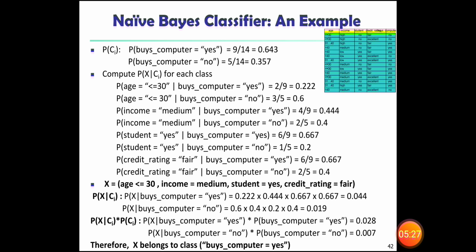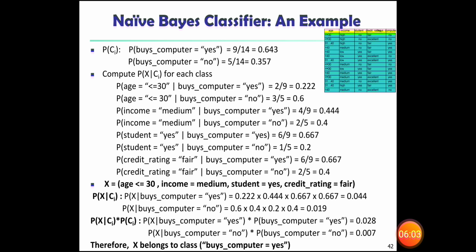If it is yes, it is 9 by 14, where 14 is the total number of values and 9 is the number of yes values in buys computer, so the value is 0.643. Same way for P of buys computer no: 5 no's are available in the table and the total is 14, so 5 by 14 equals 0.357.